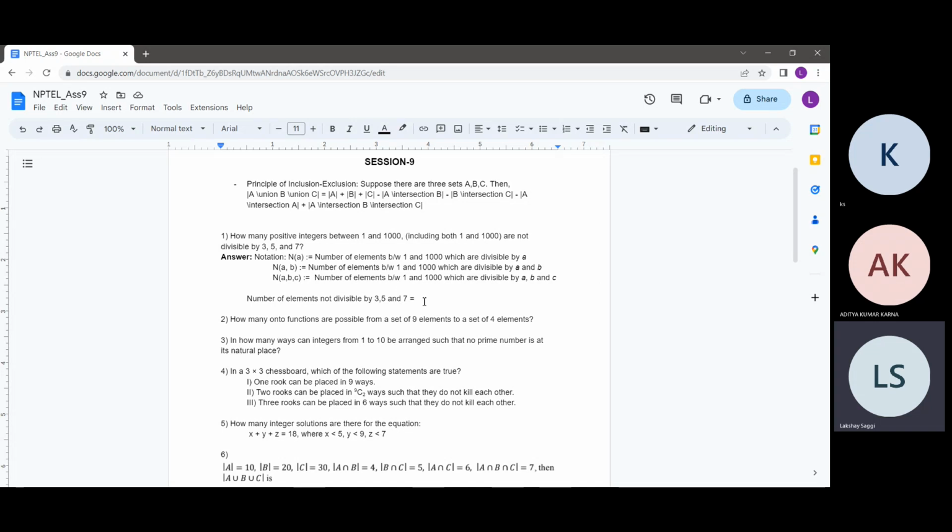I like to see it this way: suppose we were given the total numbers, which was 1000, and from 1000 I subtract. Basically, what I want is the number of elements which are not divisible by 3, 5, and 7. This is how I view the principle of inclusion exclusion for faster applications.